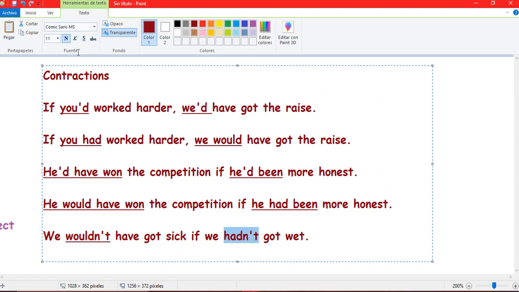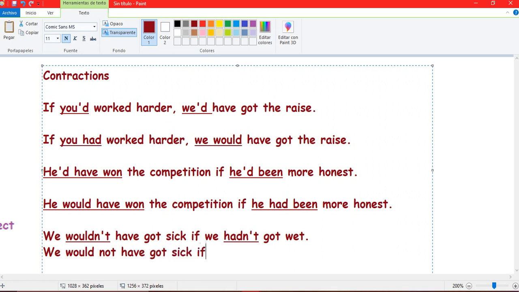We would not have got sick if we had not got wet, like this. So with not, the contraction with the negative, and had not, the contraction. Okay, so these are the contractions we can use with the third conditional.